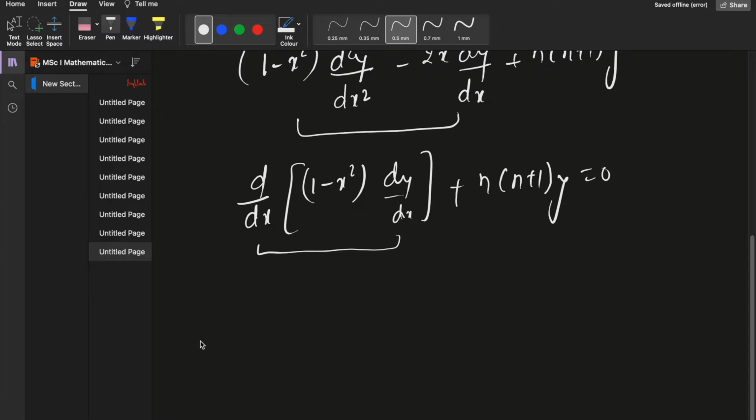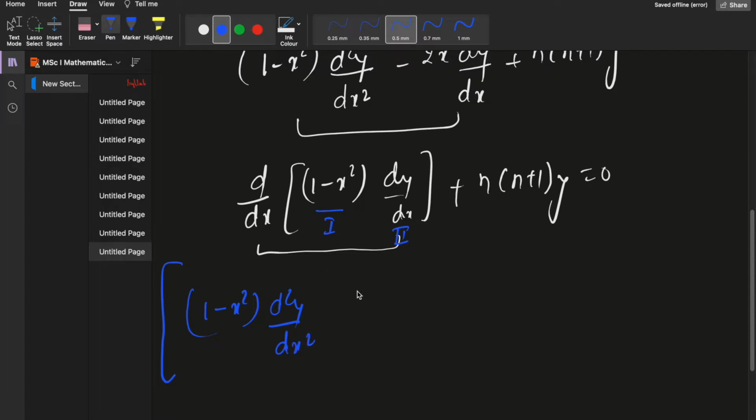Alright, so let's differentiate this one. If I differentiate, this is the first function, this is the second function, with respect to dx. For the first function, I'll treat it as a constant and differentiate the second term, so this becomes d square y upon dx square.